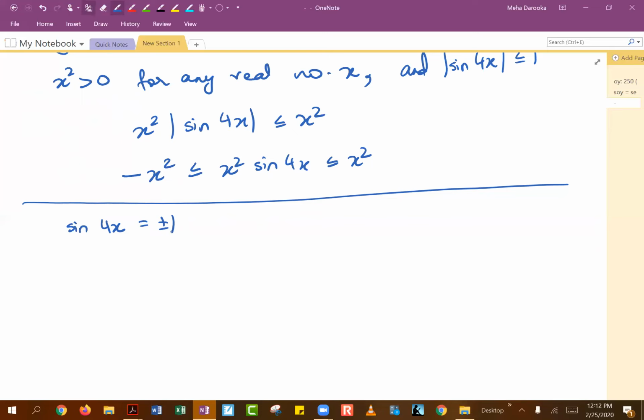What theta values do we get 1 at for sine? Again, you can think of a unit circle. Where do we get sine as 1? Pi over 2. And then the next one would be 3 pi halves, and it would keep going in that order, right?